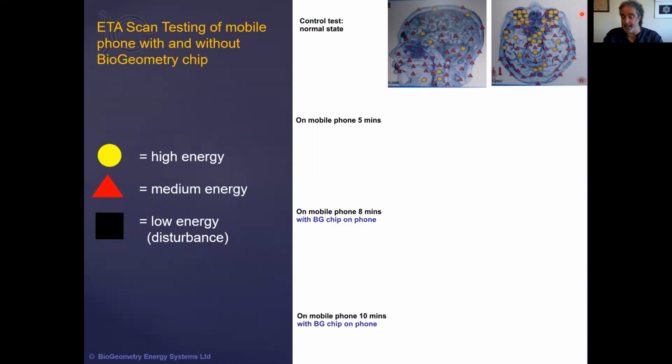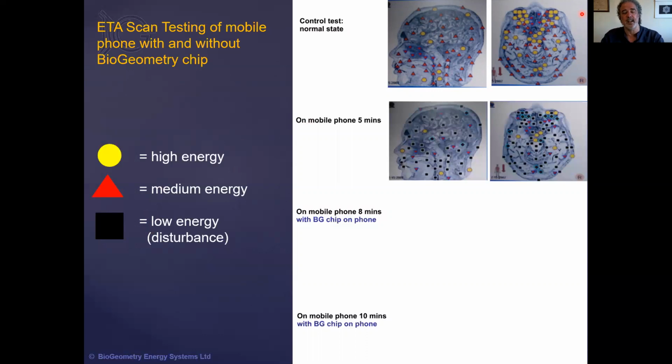Now, let's see what happens when this man uses a mobile phone, no biogeometry, just a normal mobile phone for just 5 minutes. Watch what has happened now. We see that the yellow points have dramatically decreased, but more to the point, the medium energy, which was like the normal, now has almost entirely disappeared, and it's being replaced by points of low energy, which means disturbance.